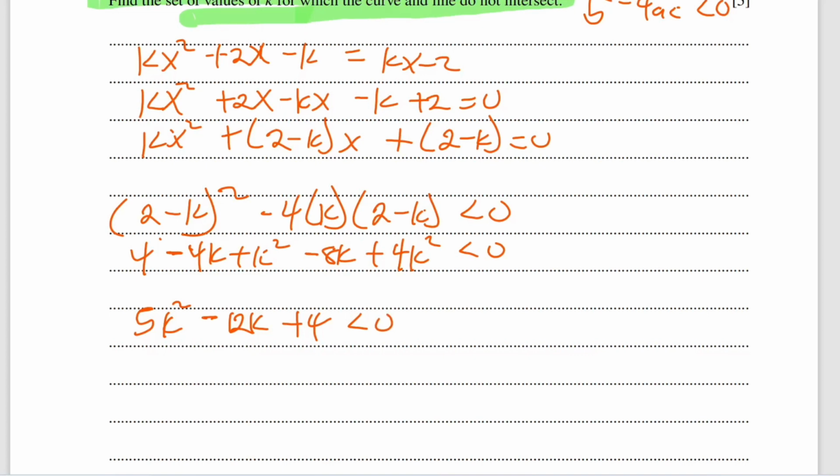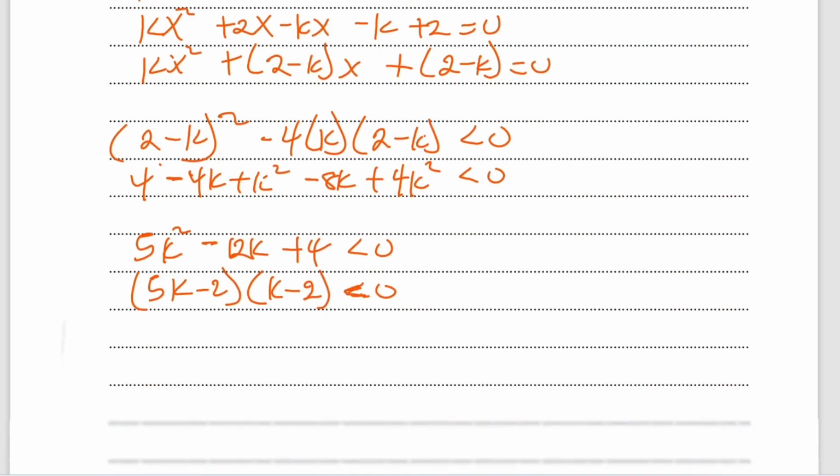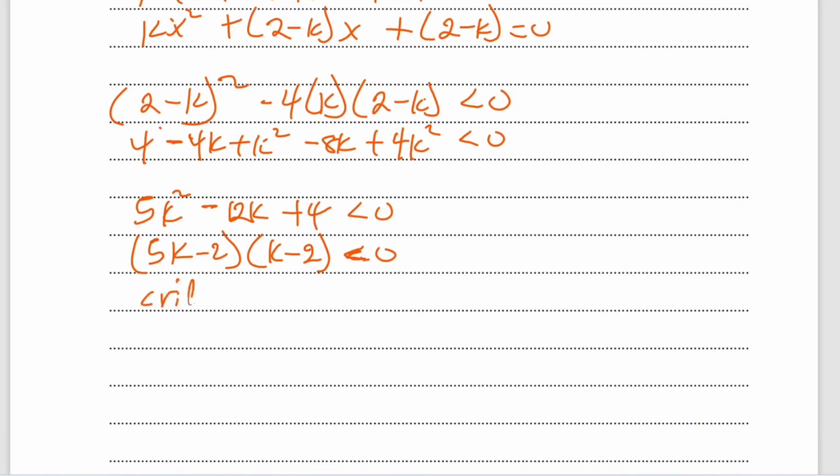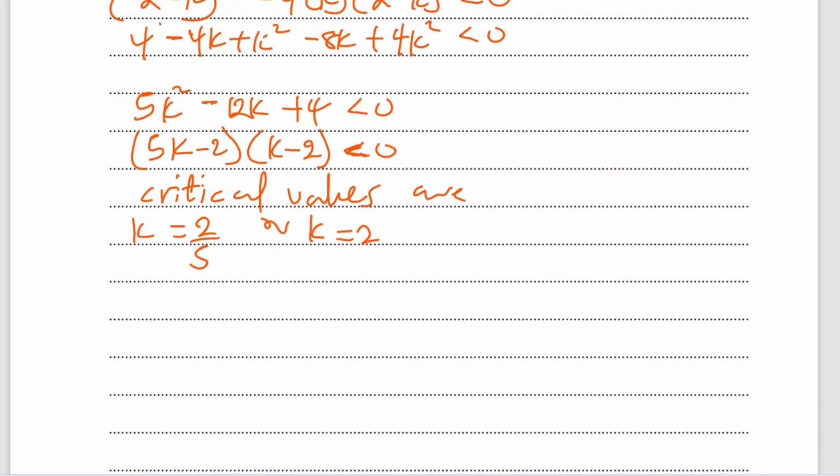And then when we factorize, we should have 5k minus 2 and k minus 2 is less than 0. Then we look for the critical values. This is a quadratic inequality, so this is how we solve it. The critical values are k is equal to 2 over 5, or k is equal to 2. Now, I want you to sketch it based on the new quadratic you have. As you can see, it's a positive curve, so it's a U shape.